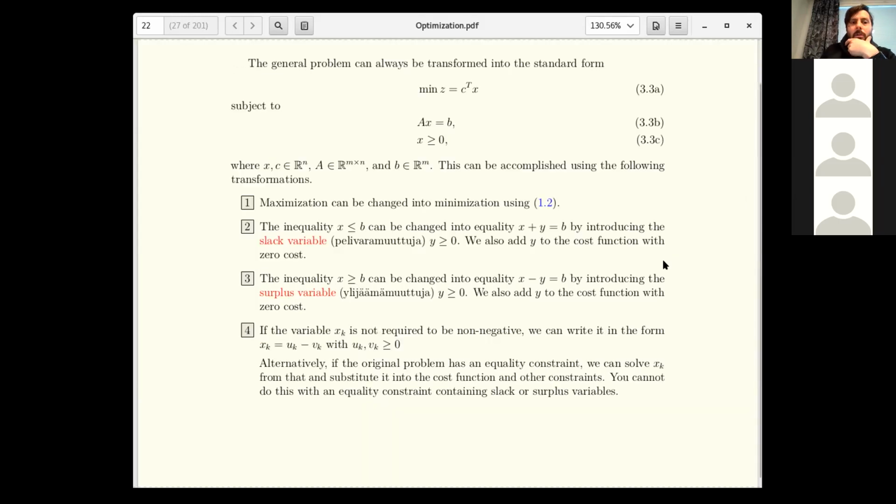If there is a variable that really, honestly, could be negative, we can write it in a form where we introduce two new variables, uk and vk, both of which are greater than or equal to 0, and we replace all occurrences of xk with uk minus vk.